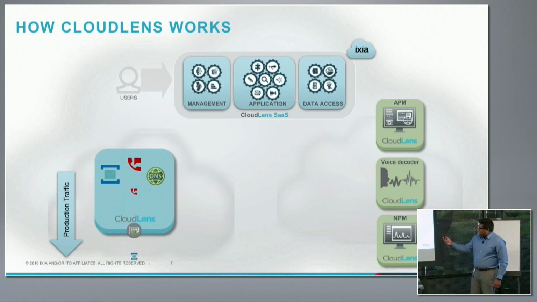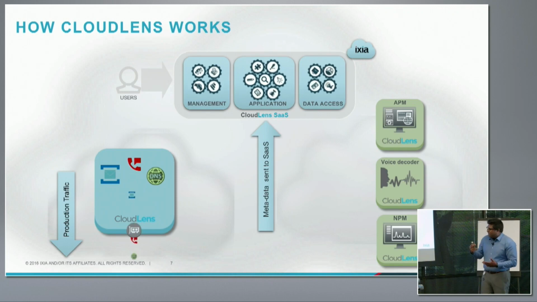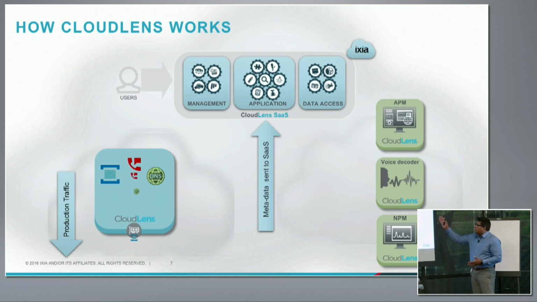So once CloudLens containers are installed, we get rich metadata information about what sort of an instance it is. For example, which cloud service provider it's running in, which regions it's operating in, how much memory it has, how much CPU it has, and what specific applications are running in it. So all this rich metadata information is available, and it's phoned home to our SaaS portal.